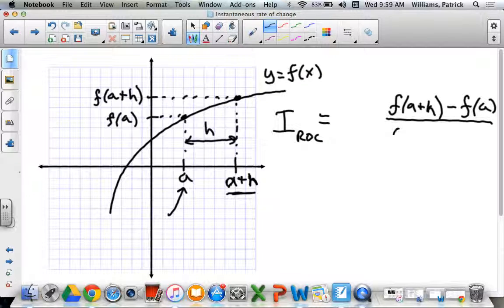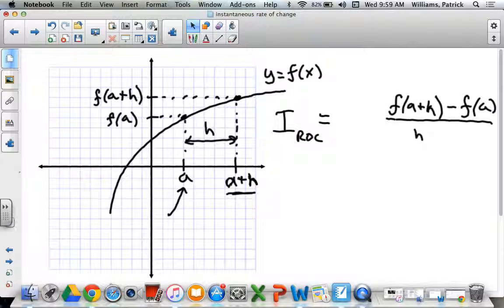And our run is going to be a plus h minus a. Well, what do you notice happens in that denominator? You should see that these two a's are going to cancel. So instead of having a plus h minus a down here, we're just left with this value h.